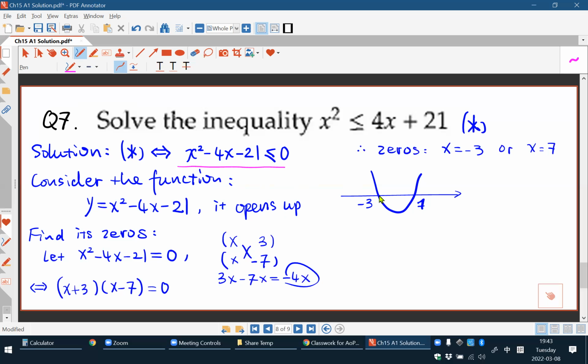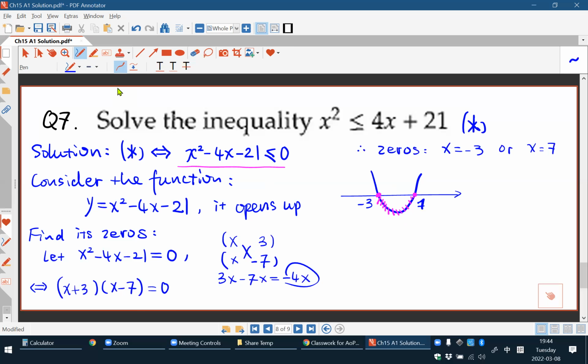So first of all, these two intersections can be included because at both points they make the function equal 0, right? And next we find any intervals that make this function less than 0, and apparently this interval can make this function less than 0, right?